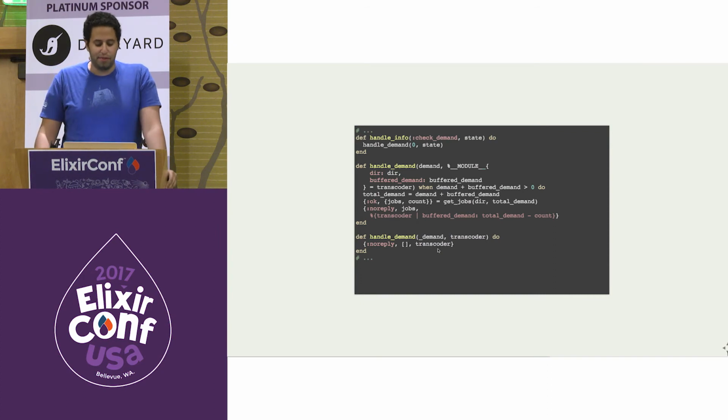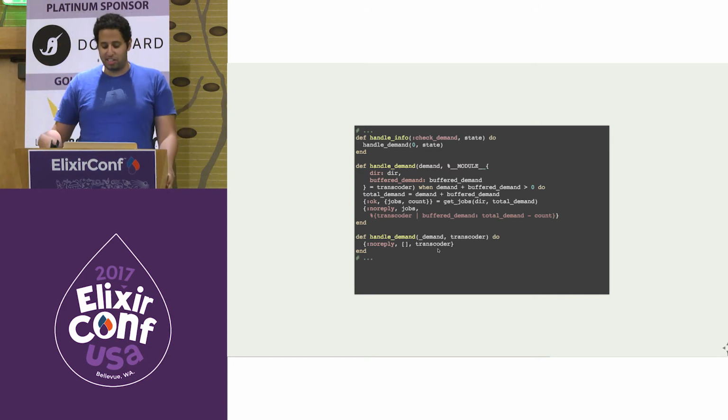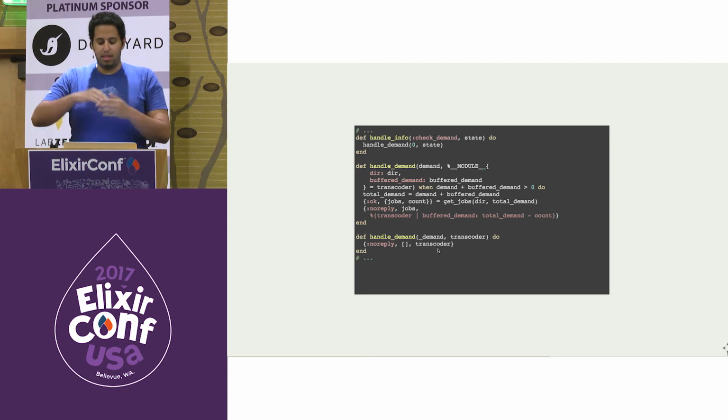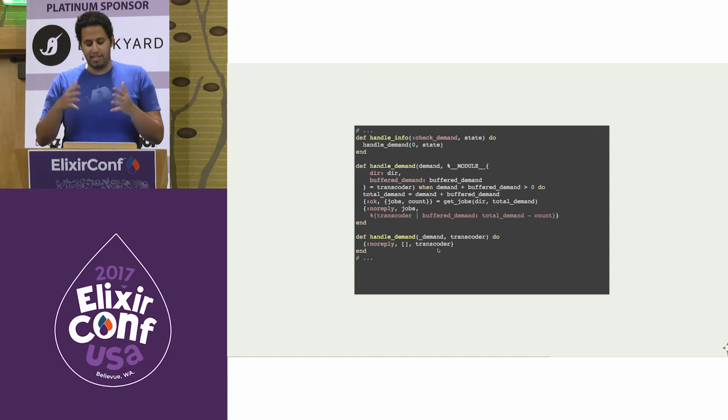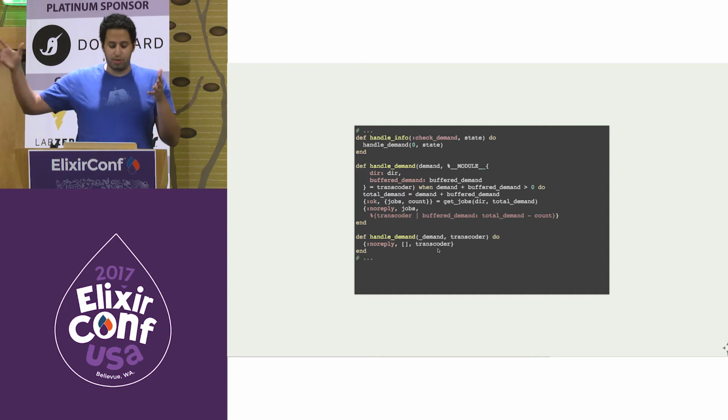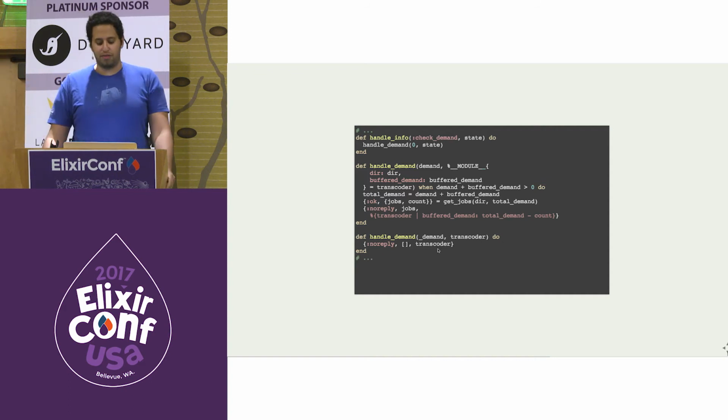Here we have the handle info for check demand, which just recurses to the handle demand, pseudo recurses, I guess, with demanding 0 but checking the state. And in this case, we'll check to see if the demand plus the buffered demand is greater than 0. Then what we do is we go and we pull files from our directory to see if we should transcode anything.